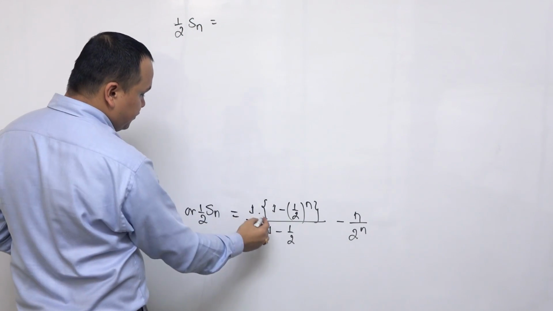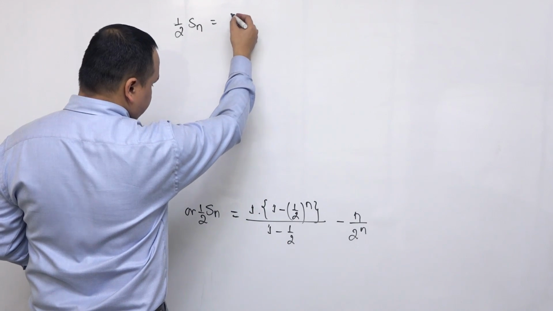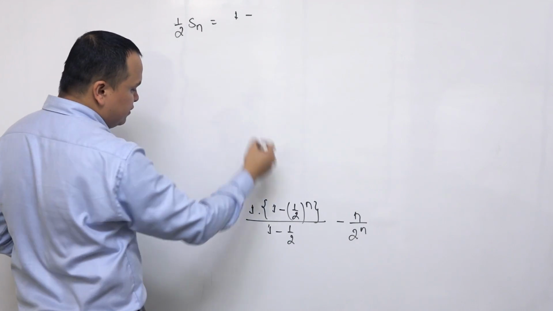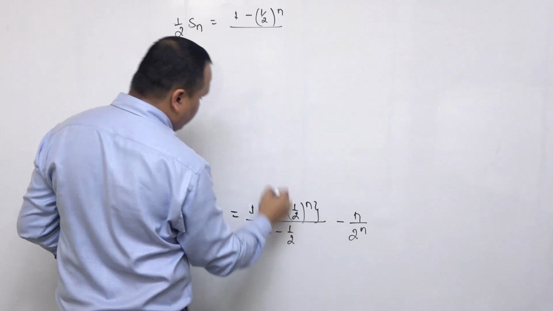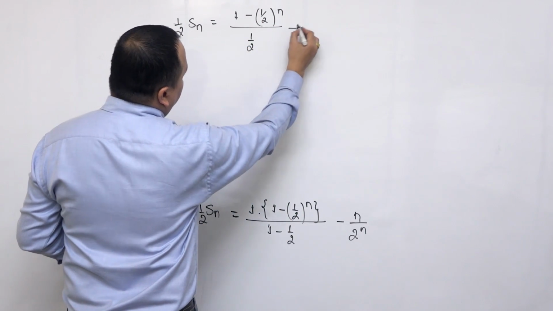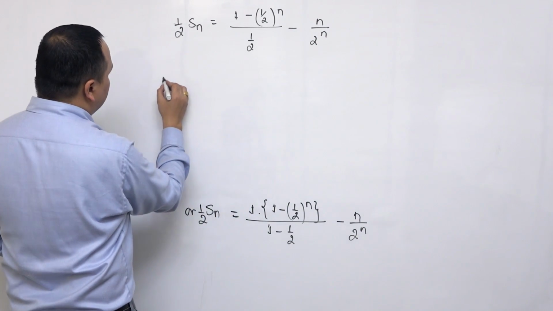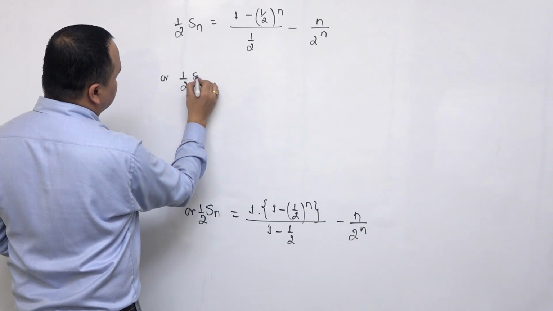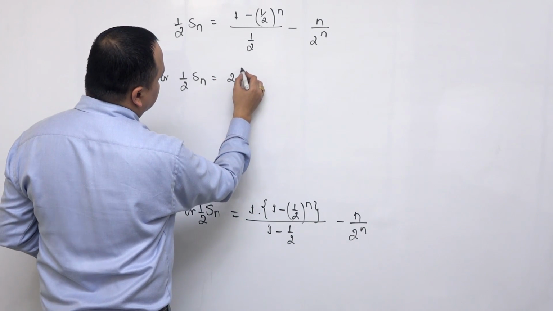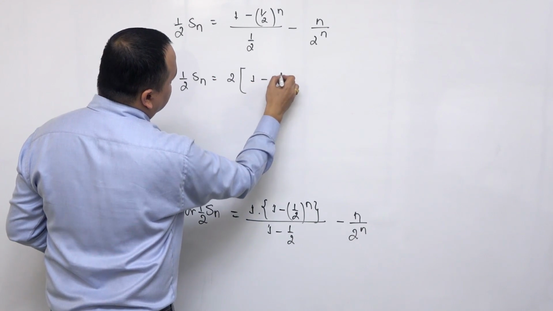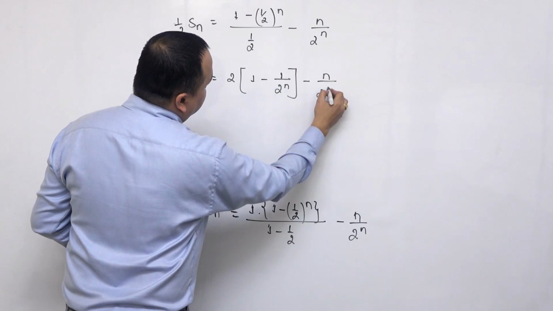Sn is equal to 1/2, 1 minus 1/2 to the power n divided by 1/2, minus n upon 2 to the power n, or this is 1/2 Sn, 2 times of 1 minus 1/2 to the power n minus n upon 2 to the power n.